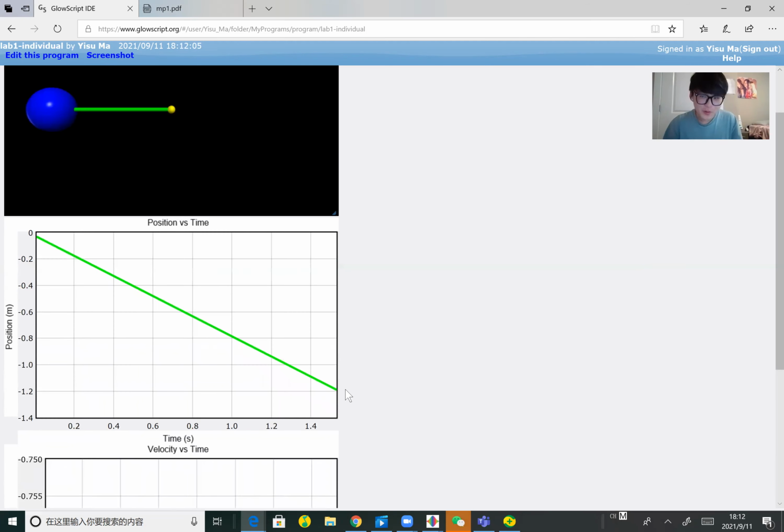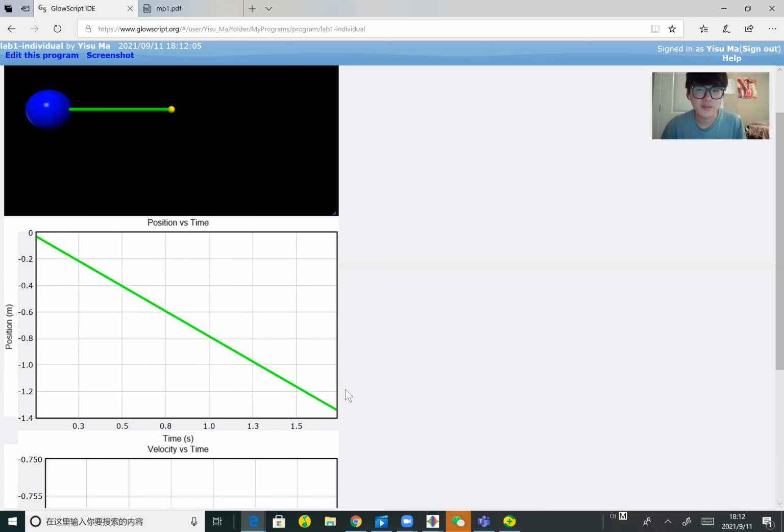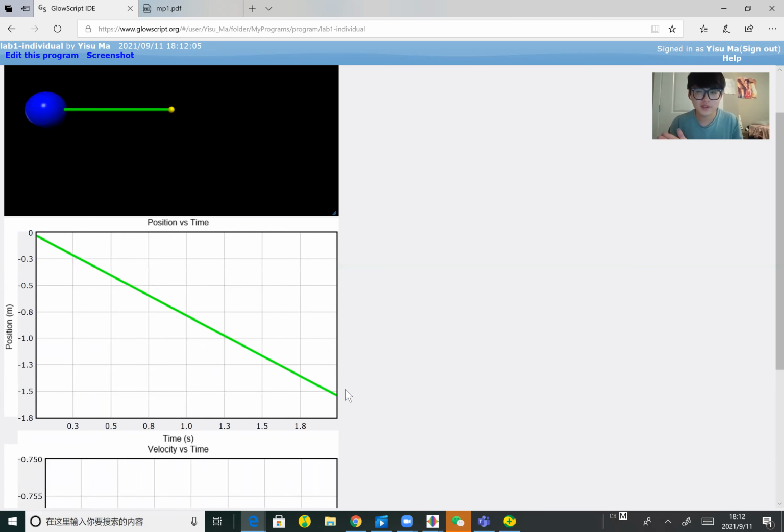So therefore, we can conclude that our moving direction, either towards the negative x-axis or positive x-axis, depends on the initial pushing force. And the reason why we have a zero net force is because of the frictional force on the surface and the air resistance force.